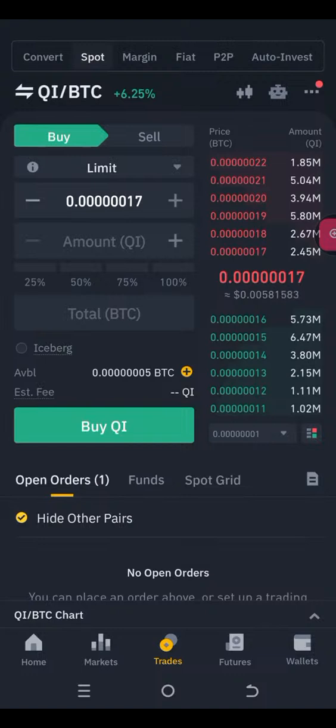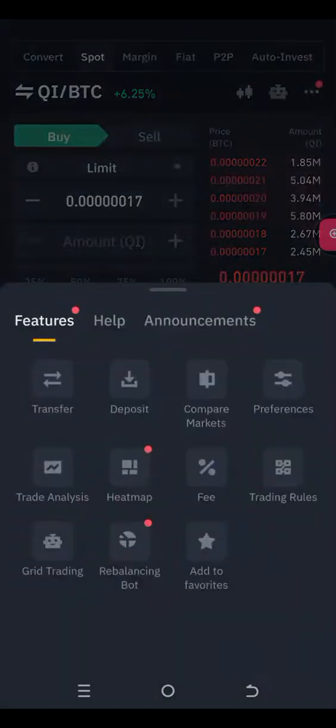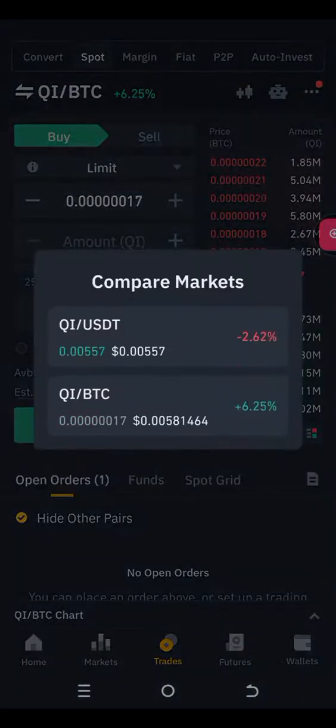Okay, so let me show you through the compare markets. Right now we have QI, we have USDT, and we have BTC here. We just want to check which one is cheaper, because don't forget, we are buying low and selling high. These are the two markets where QI, which is our target coin, is being listed.